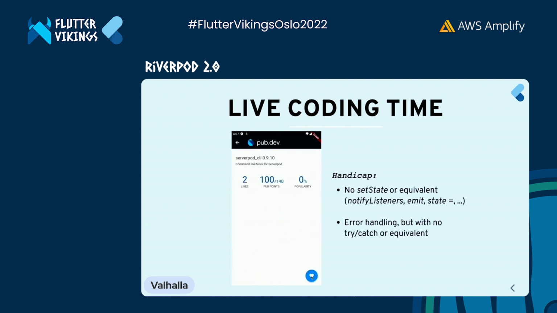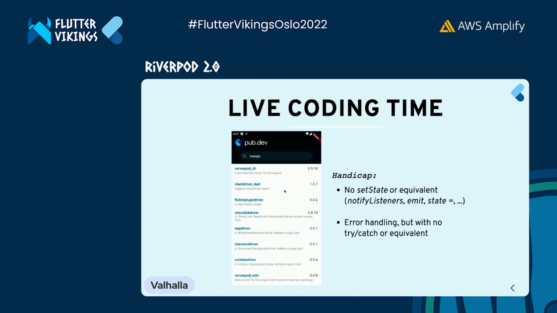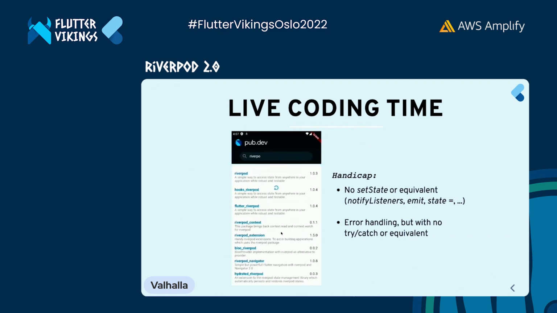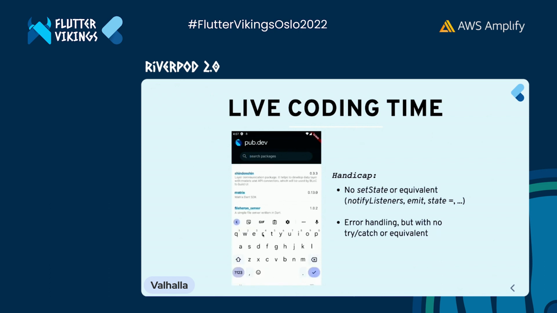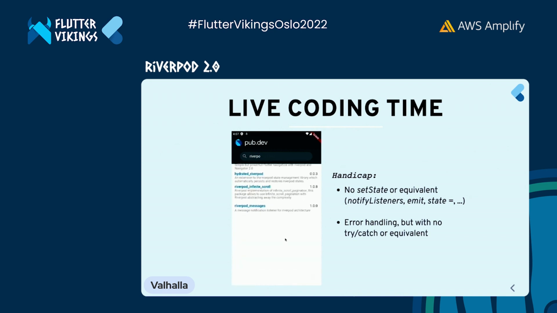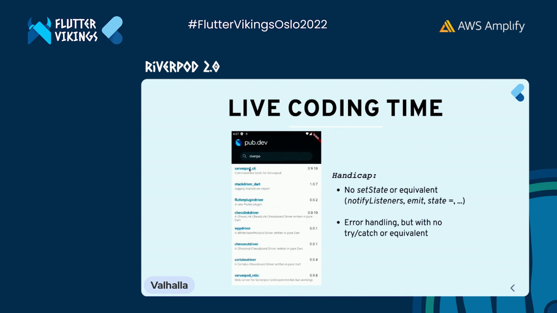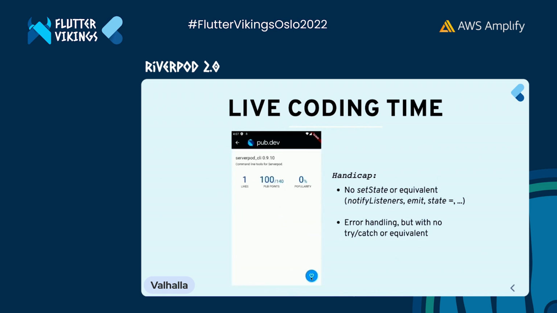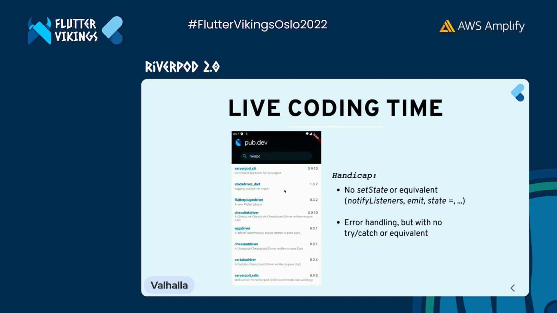So no notifyListeners, no, if you're using ValueNotifier, no value equals something, which would also count as a notifyListeners. So nothing of this sort. I also won't do any explicit form of error handling in the business logic. So no try catch, no catching errors on streams, nothing like those. Just plain code. Sound interesting?